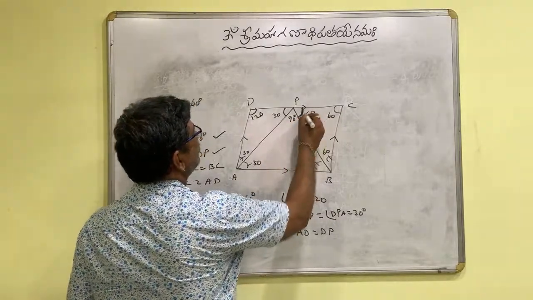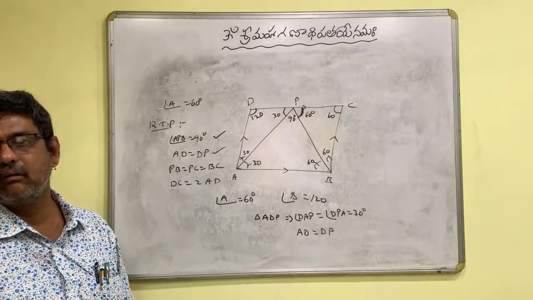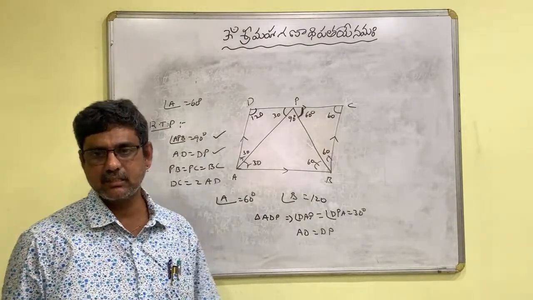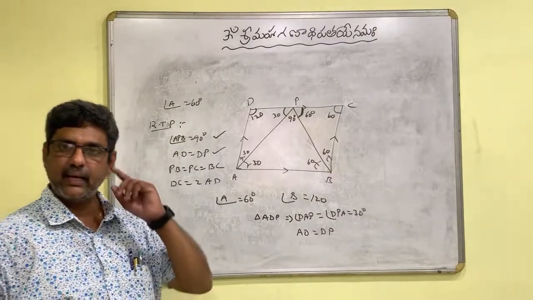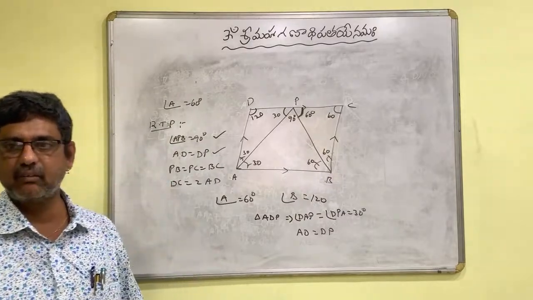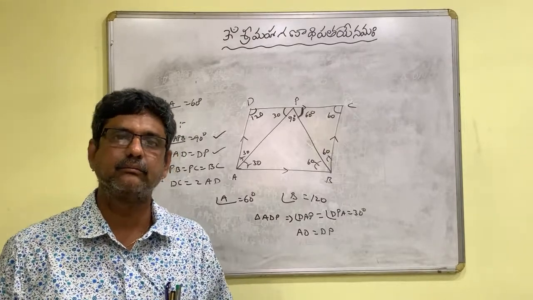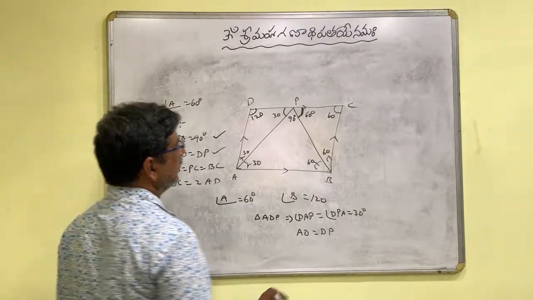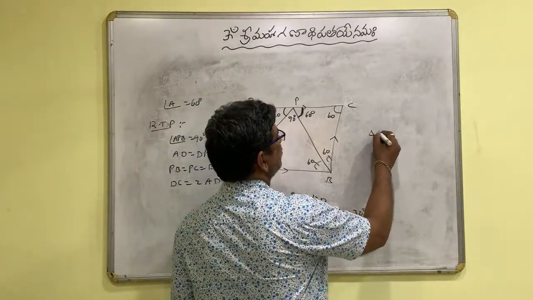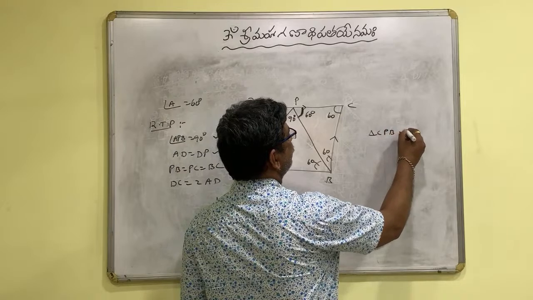This is also 60. Now, what type of triangle is it? Yeah, it's an equilateral triangle. Triangle CPB is equilateral.